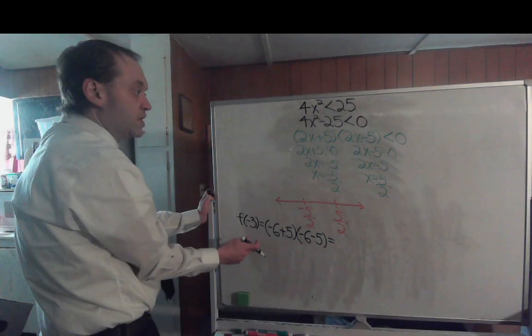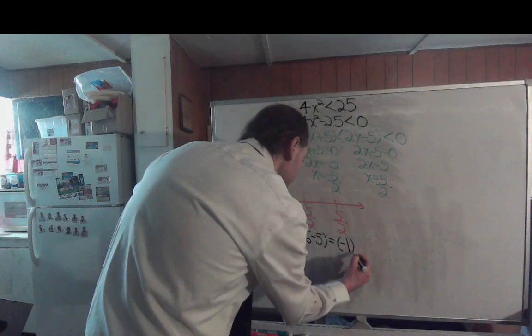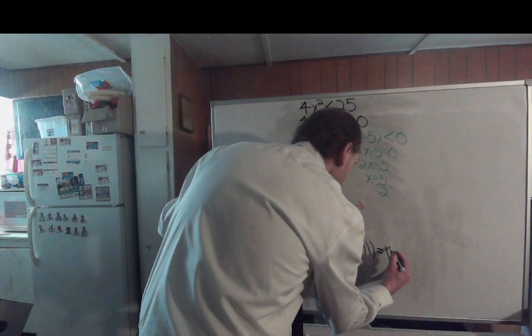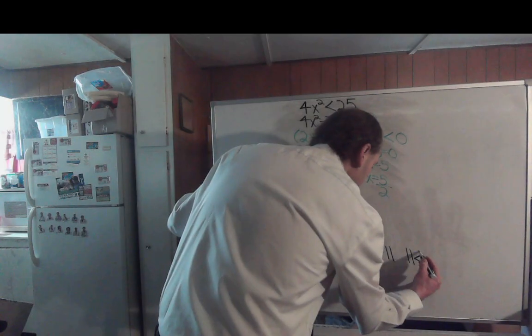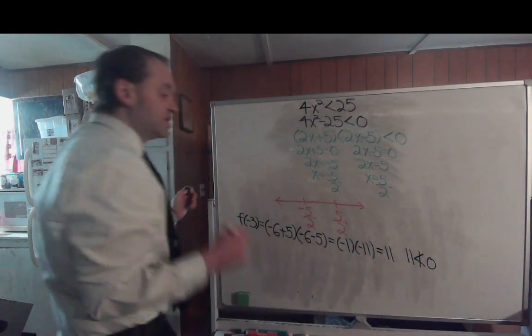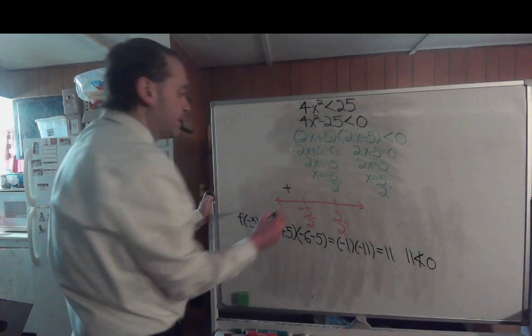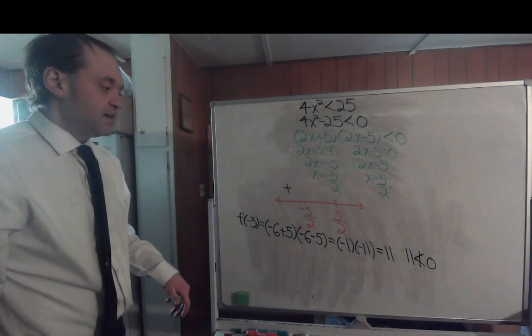This ends up giving me negative 1 times negative 11, which gives me positive 11. Well, 11 is clearly not less than 0. It's actually greater than 0. So we'll put a positive sign here to indicate from negative infinity to negative 5/2.